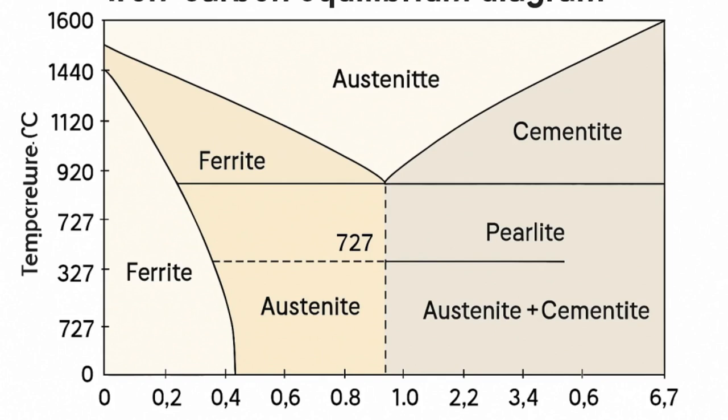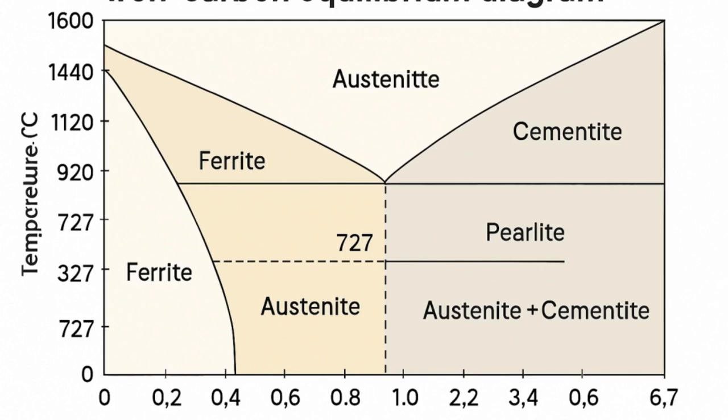Iron-carbon equilibrium diagram. The iron-carbon equilibrium diagram is arguably the most important phase diagram in materials science, serving as the foundation for understanding the behavior of steels and cast irons. This complex diagram maps out the various phases of iron and carbon alloys as a function of temperature and carbon content.